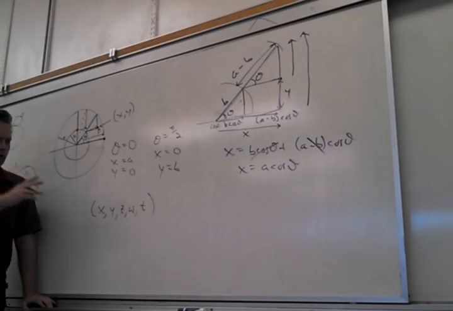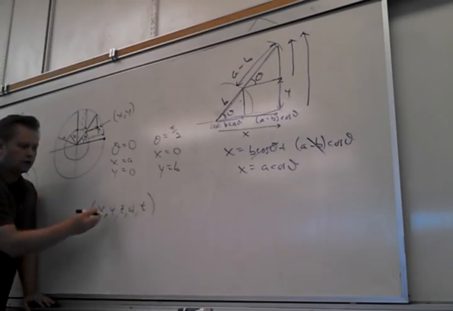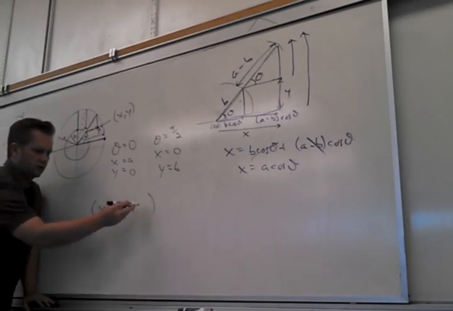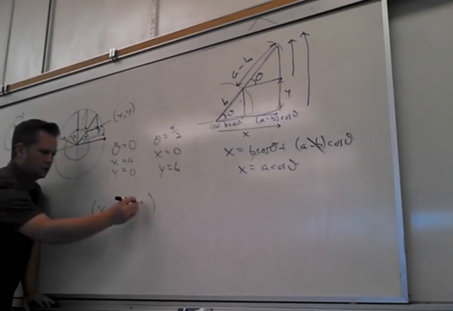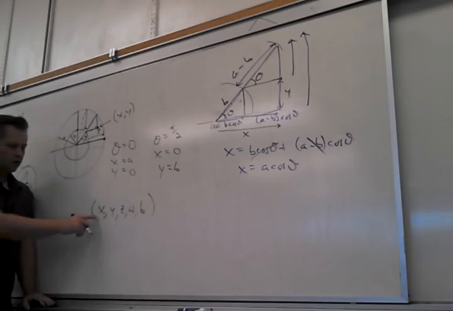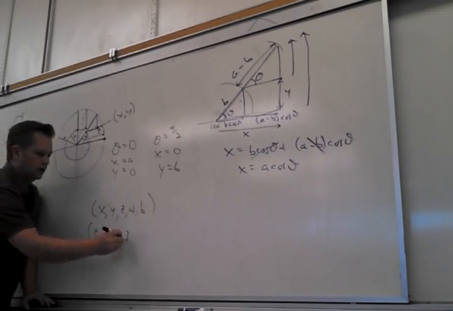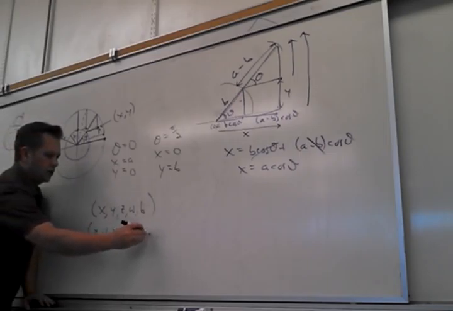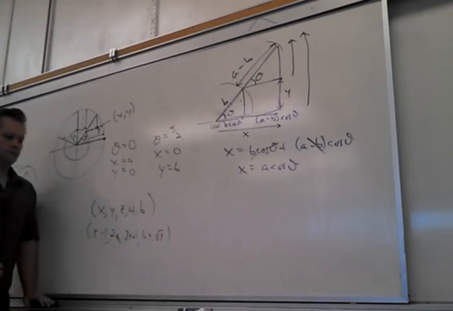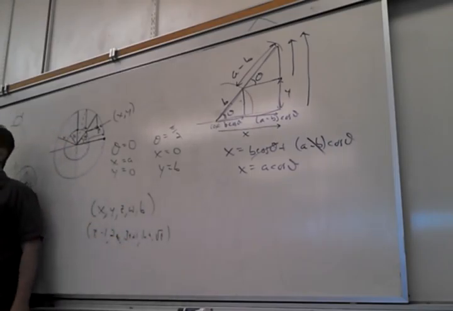What was I about to say? Oh, so if all of these are actually dependent, let me give this a different letter. Let's just call this one B. So if they're all really like T minus 1, 2T, 3T plus 1, natural log of T, and square root of T, that describes a line in 5-dimensional space.